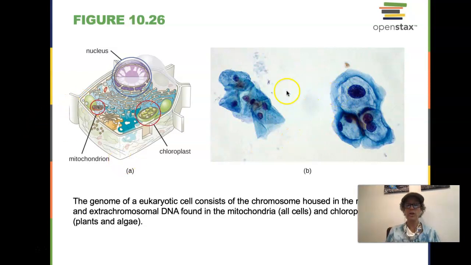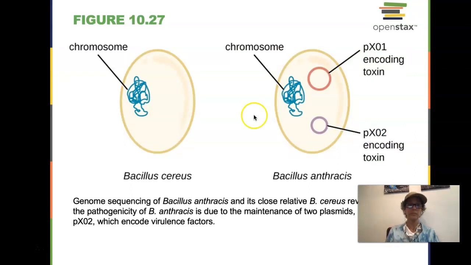And the picture on the right we saw before, when epithelial cells are infected with human papillomavirus, it damages the nuclear genome and can cause unregulated cell division. In prokaryotes, their chromosome is a single circular piece of DNA, and this is Bacillus cereus.